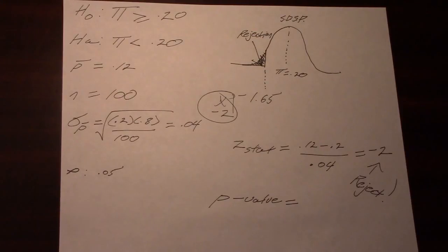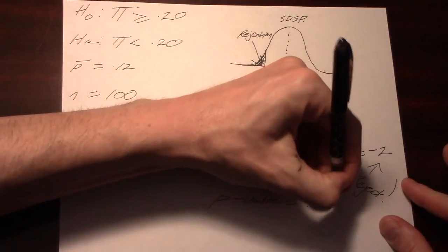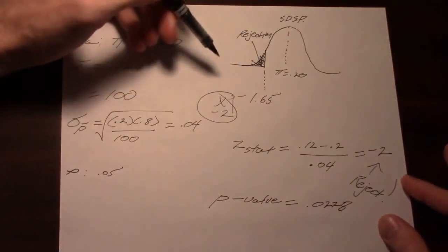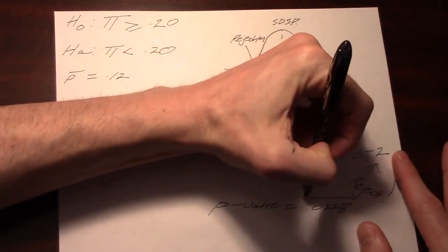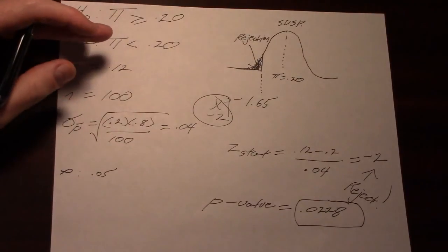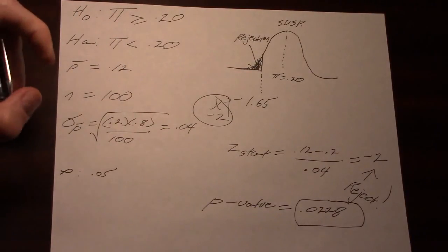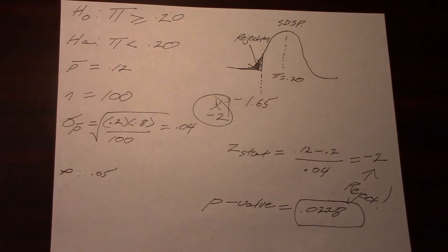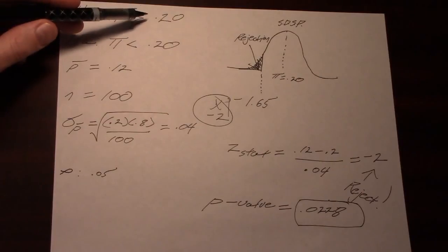Negative 2.00 is 0.0228. Since this is a one-tail test, we do not need to double this. We just say our p-value is 0.0228, which is about 2.3%. There's a 2.3% chance of getting something this unlikely if the assumption of 20% is true.